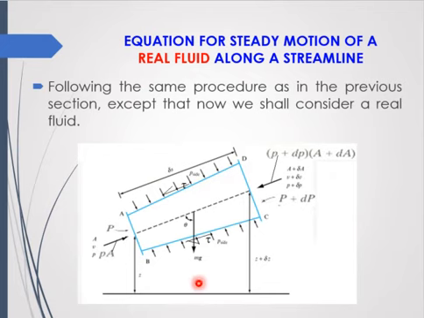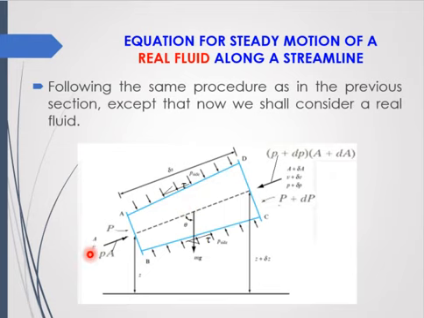You can see this figure. In this lecture, we will derive the equation for real fluid following the same procedure as in the previous section, except that now we shall consider a real fluid. In this figure, you can see there is a slight difference: the shear stress. You have seen this figure previously when we derived the Bernoulli equation for ideal fluid.